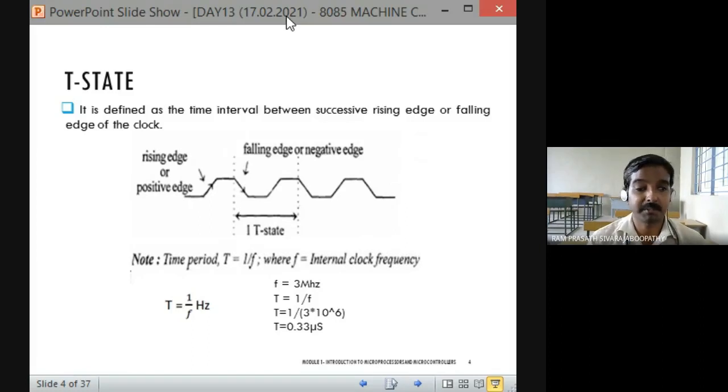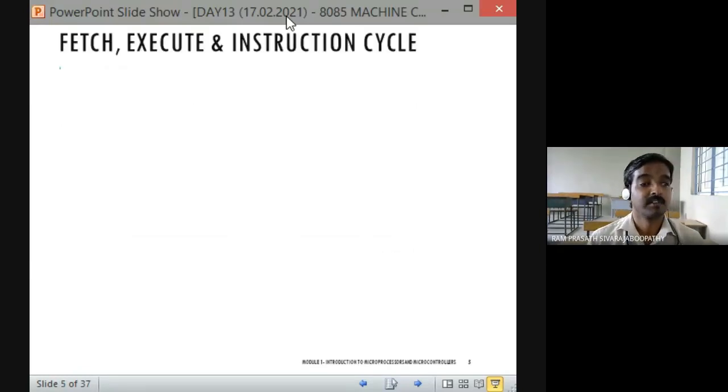You will have some question like that, and at that time you should be able to answer. So T state is nothing but the time period of the clock pulse. 1 T state means the time period of 1 clock pulse; 2 T states means the time period of 2 clock cycles. That's all. Now we are going to continue with the machine cycles.